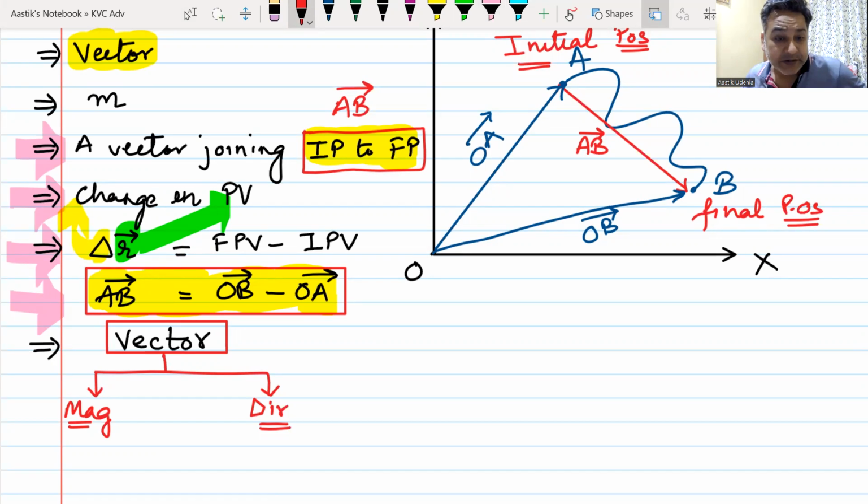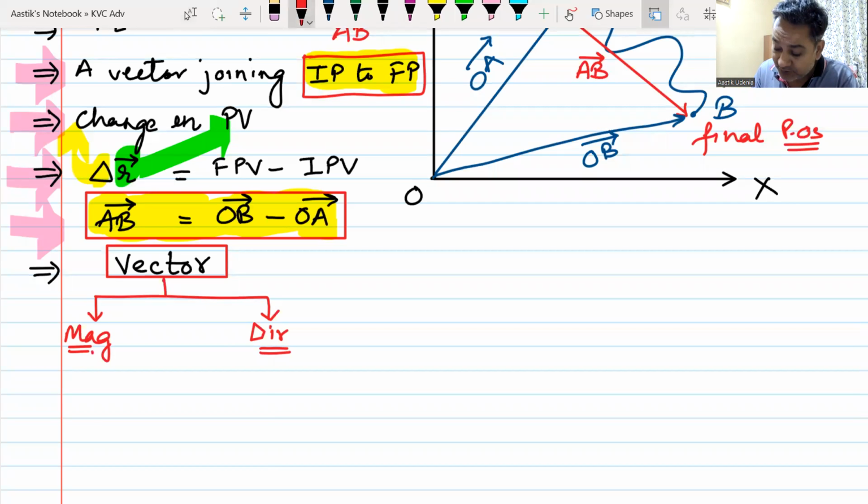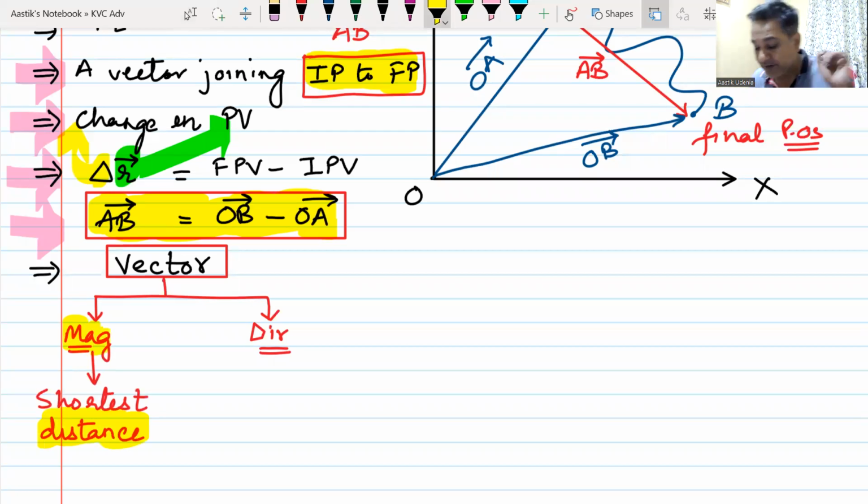Now, as soon as the magnitude of displacement comes, we will always call it magnitude of displacement vector. Now you can call this magnitude of displacement vector the shortest distance. So whenever you have used the word shortest distance, my dear friends, you have always meant it for one thing only, and that was the magnitude of displacement.